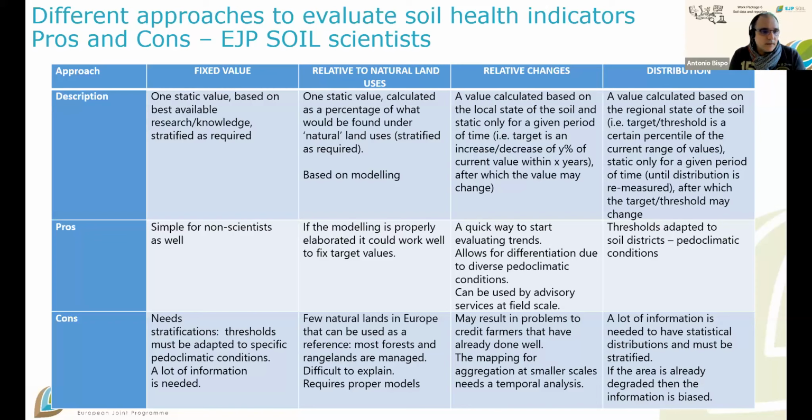If the reference situation is the natural land use, then at least in Europe, a lot of landscapes and soils are managed, so there are not that many natural land uses that can be used as a reference. And it's more difficult to explain that than a single value.